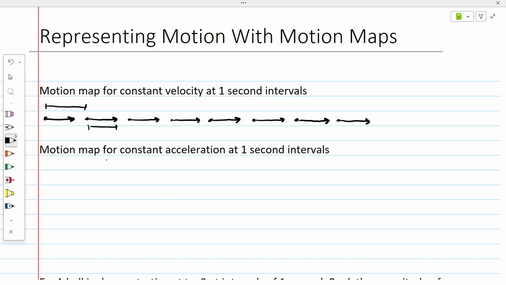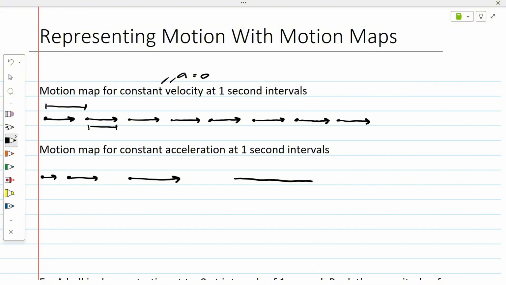Now let's look at a motion map for something with constant acceleration. Here, acceleration is not equal to 0; there is some constant acceleration. We'll start the same with a dot and an arrow, but at each point the arrow will get slightly larger, showing the velocity, and the distance apart will be different as well.